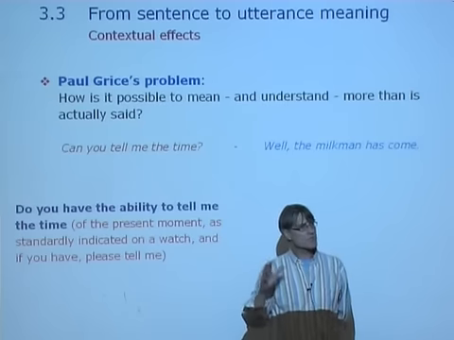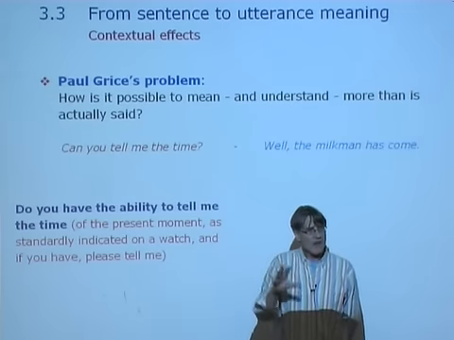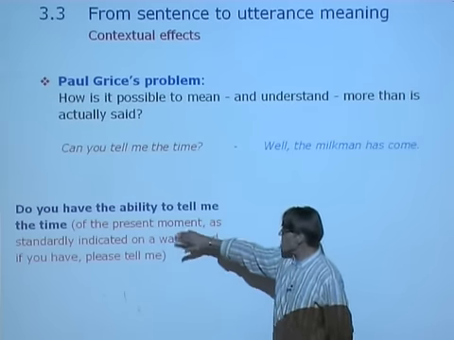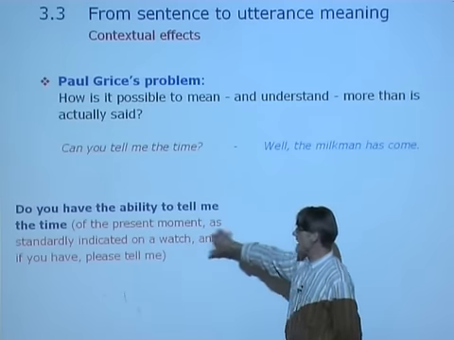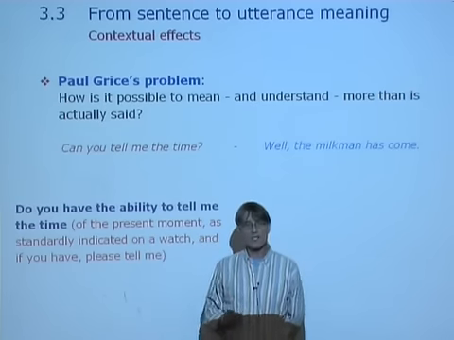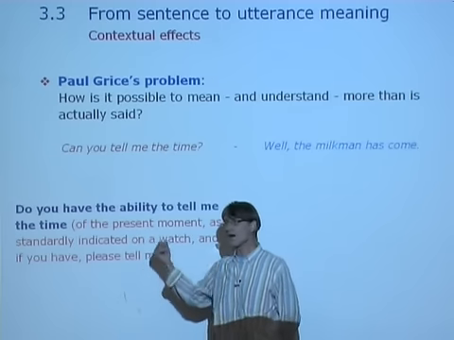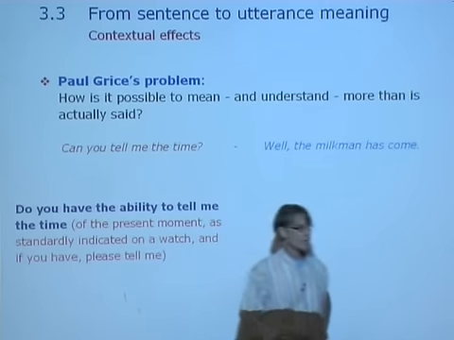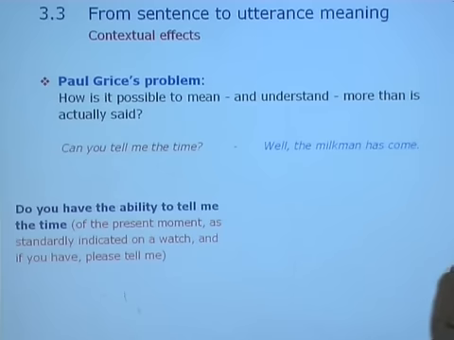But now we need to be more specific with regard to time. Of the present moment, as standardly indicated on a watch, and if you have, please tell me. Now imagine some other culture where you ask people this question, can you tell me the time? And they maybe wouldn't understand you because they don't have this way of measuring time.